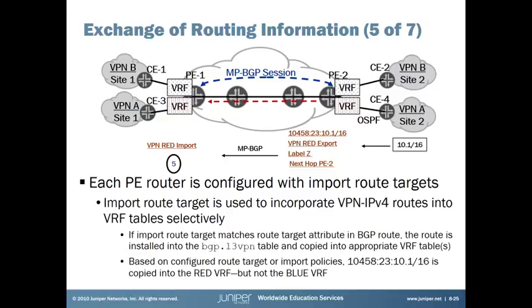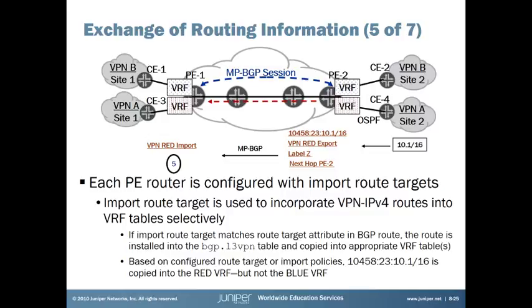So what gets imported into the VRF table is just the private address route. So all the route distinguisher and all that stuff gets dropped off at that point. It arrives in the BGP L3 VPN table with all the route distinguisher, the whole kit and caboodle, it's all there.